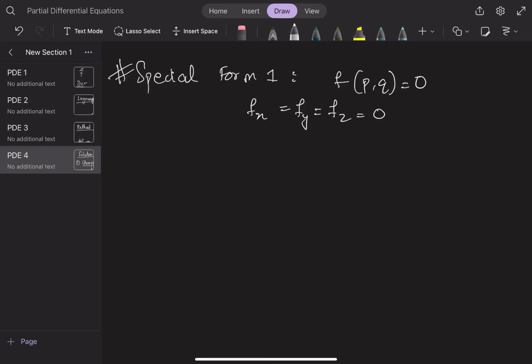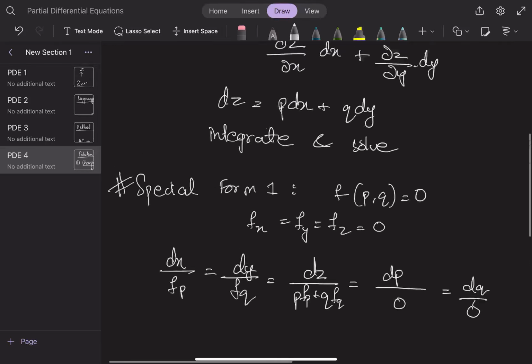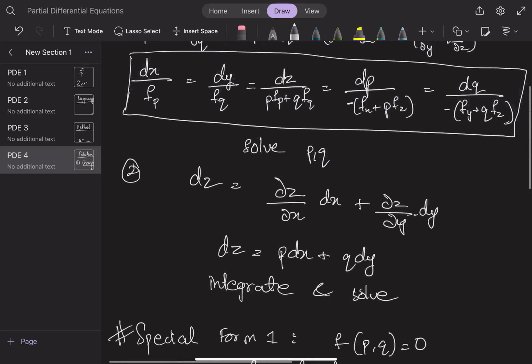So you're going to write the Charpit's equation. dx by fp is equal to dy by fq is equal to dz by pfp plus qfq is equal to dp by 0 is equal to dq by 0. As fx, fy and fz are all 0, both these denominators become 0.